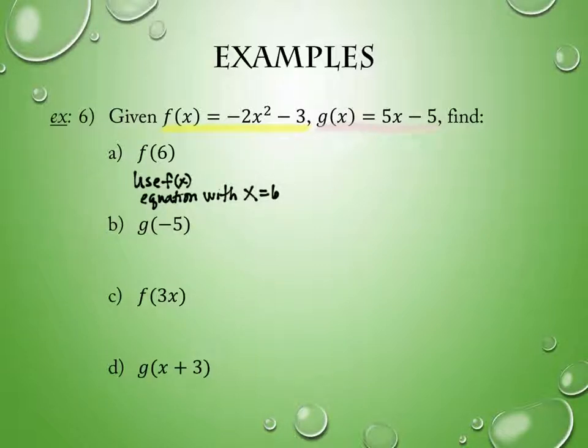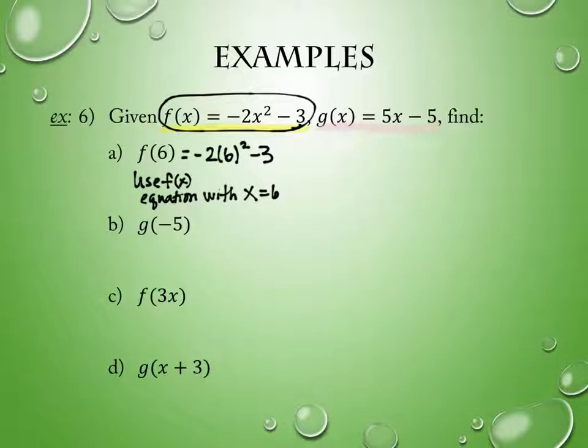That's literally what it's saying. It's saying come up to this equation, and everywhere I have an x in it, substitute in 6. So it would look like that. Replace x with 6. And then you're literally going to compute.